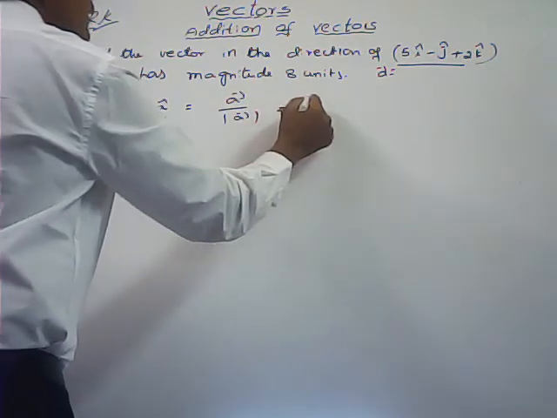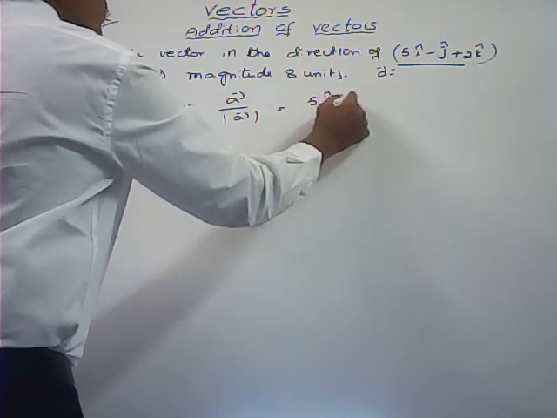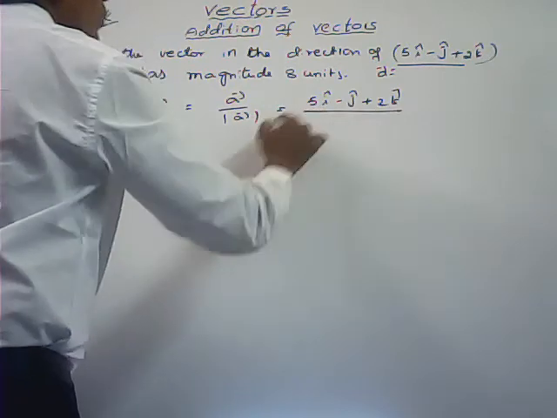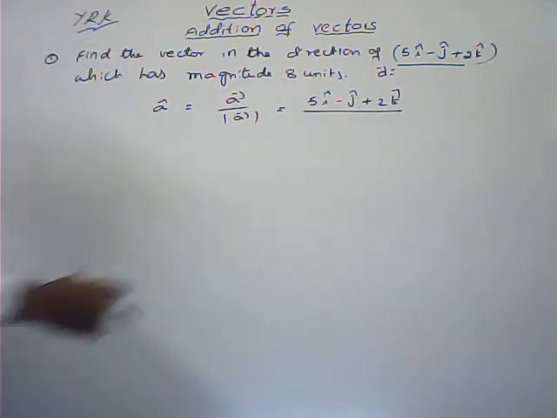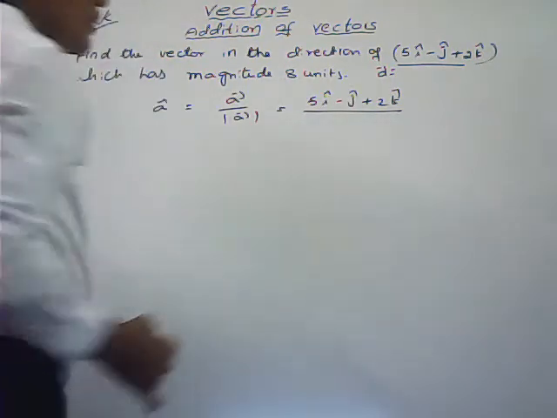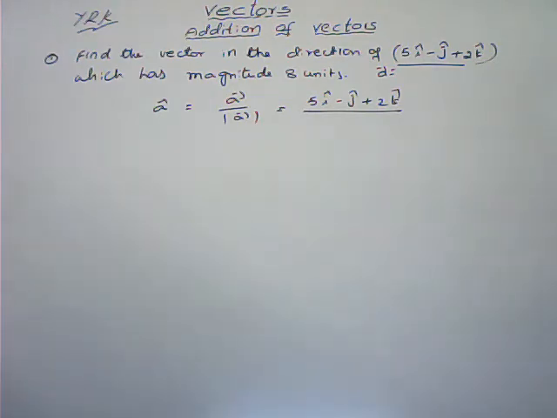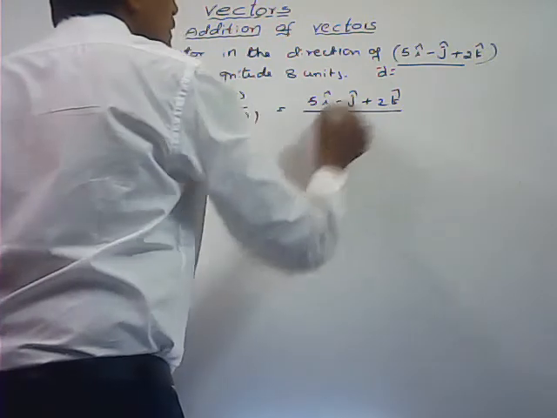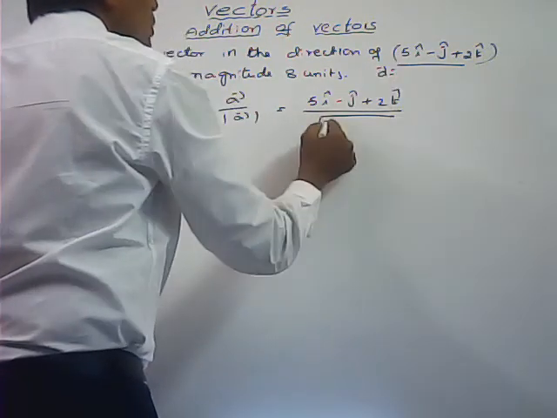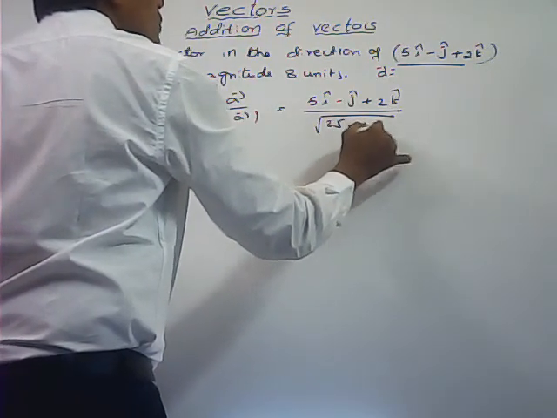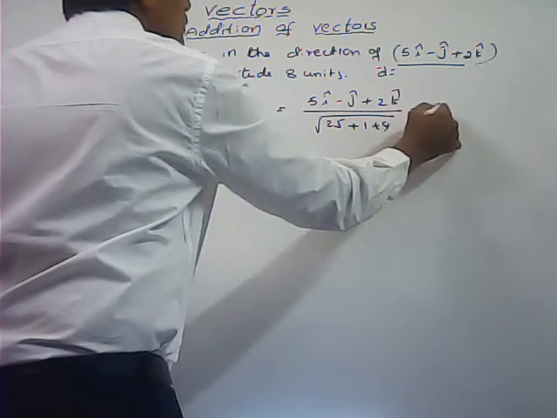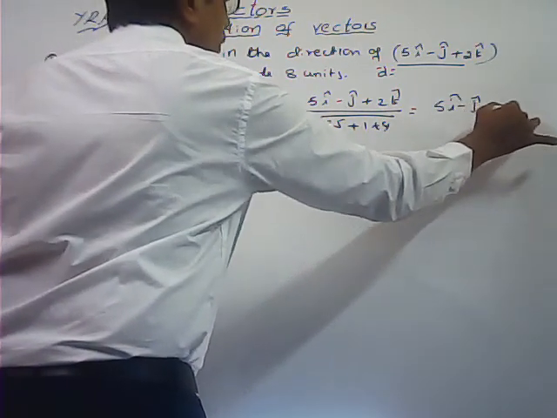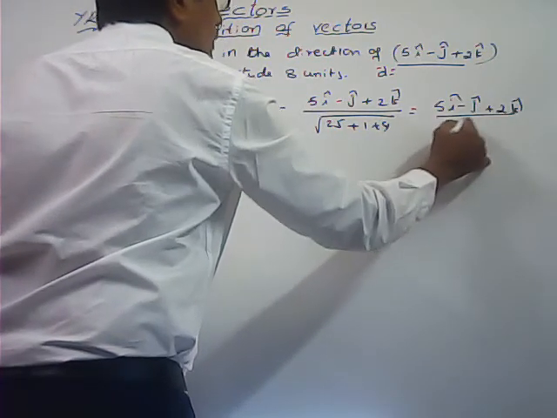What about a bar here? 5 i cap minus j cap plus 2k cap whole by, what is the modulus of that one? Just now we have done that one. P be any point whose coordinates are x, y, z, and modulus of OP bar is equal to root of x square plus y square plus z square, root of 25 plus 1 plus 4. That is equal to 5 i cap minus j cap plus 2k cap whole by root 30.